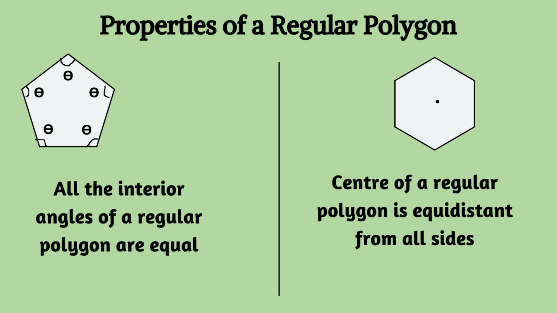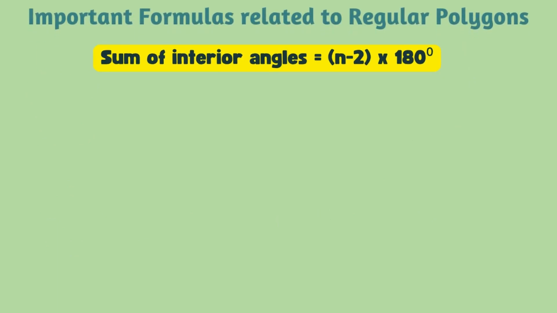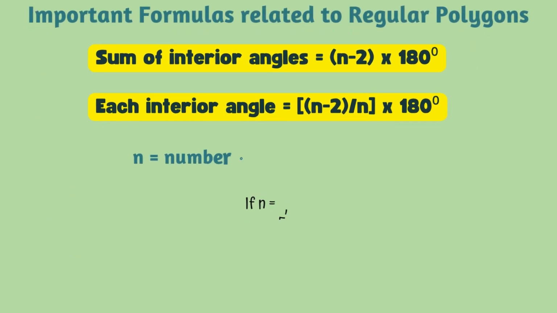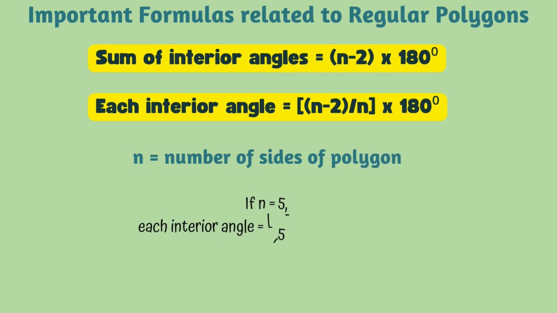Next, we can look into some of the important formulas related to regular polygons, which will be useful for many exams like SSC, RRB, NTPC, PSC, etc. So here are two formulas related to interior angles of regular polygons. We already know that all interior angles of a regular polygon are equal.